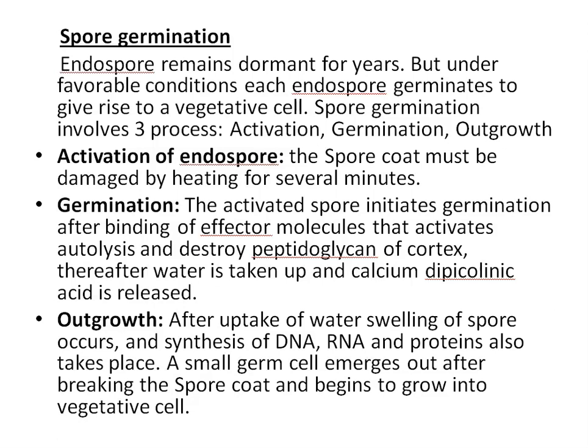After uptake of water, swelling of the spore occurs and synthesis of DNA, RNA, and proteins also takes place during this process. A small germ cell emerges out after breaking the spore coat and begins to grow into a new vegetative cell, right? So this is all about asexual reproduction in bacteria.